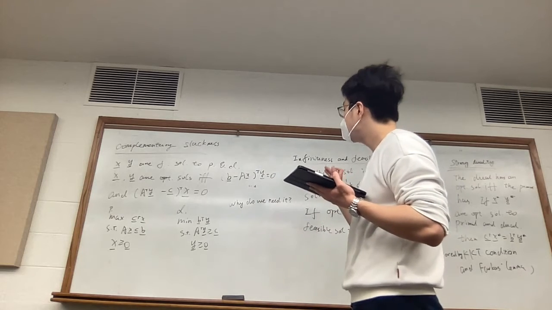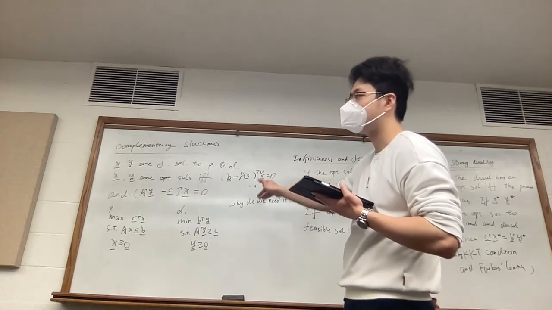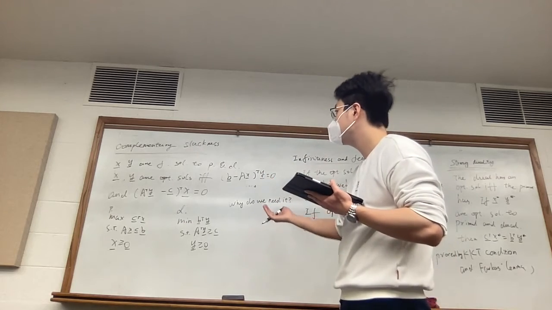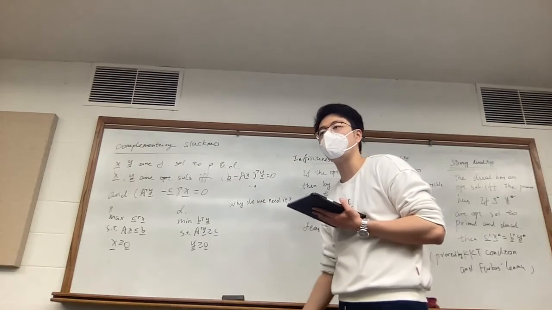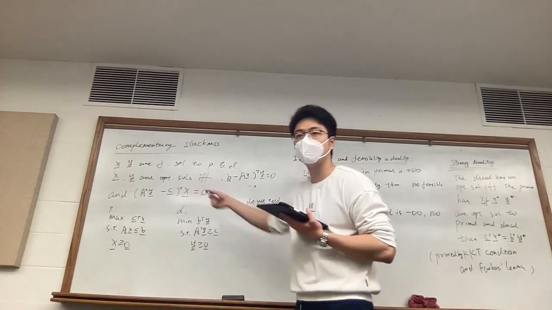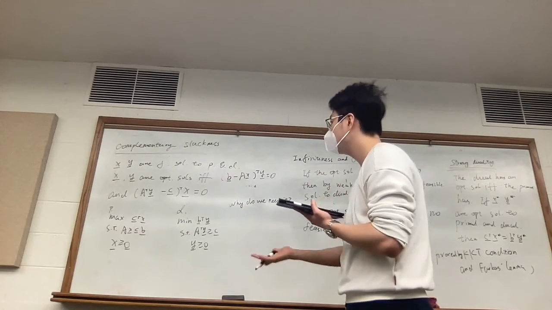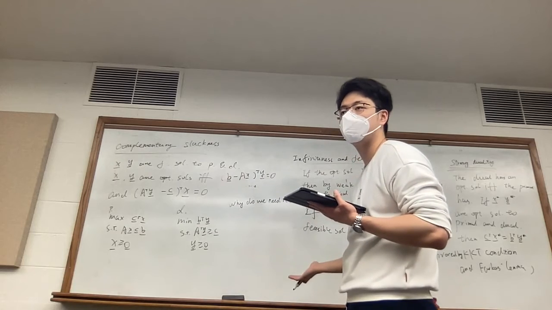The reason we need it is that, suppose we know x, then we can figure out what y is just based on these two equations. And suppose we know y, we can also figure out what x is, right?